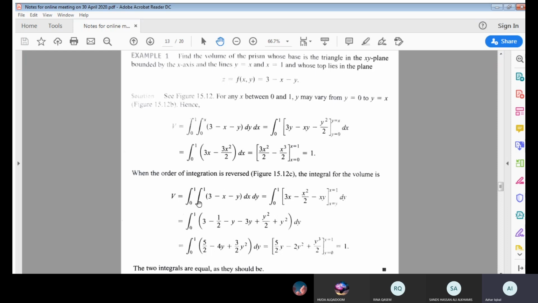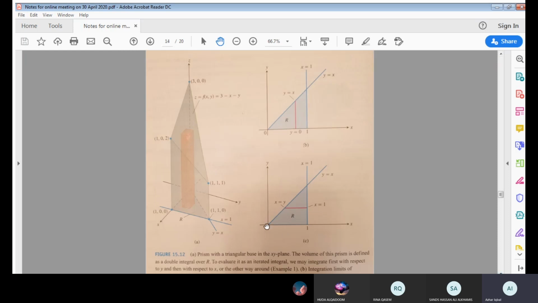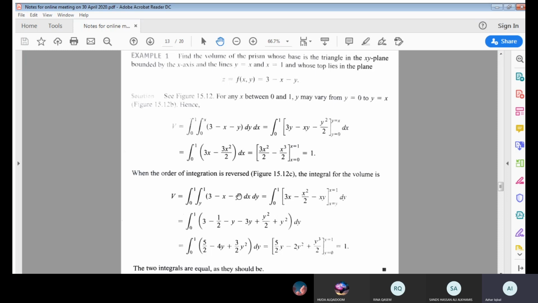First you integrate this one, and the resulting expression generated by this integral is a function of y only. Then you integrate that with respect to y when y is changing from 0 to 1, because as you can see in this triangular region, y varies from 0 to 1, since this is the point with coordinates (1, 1). So this integration with respect to x has limits y to 1, and you obtain this part here.